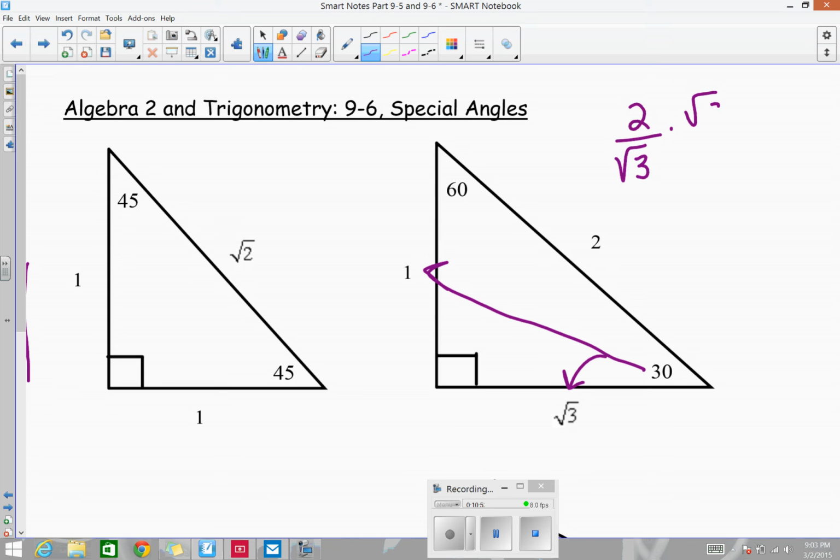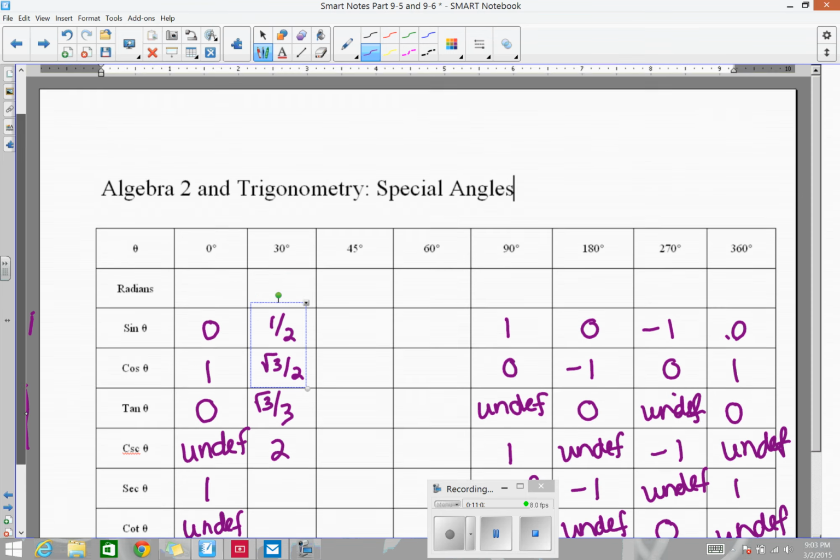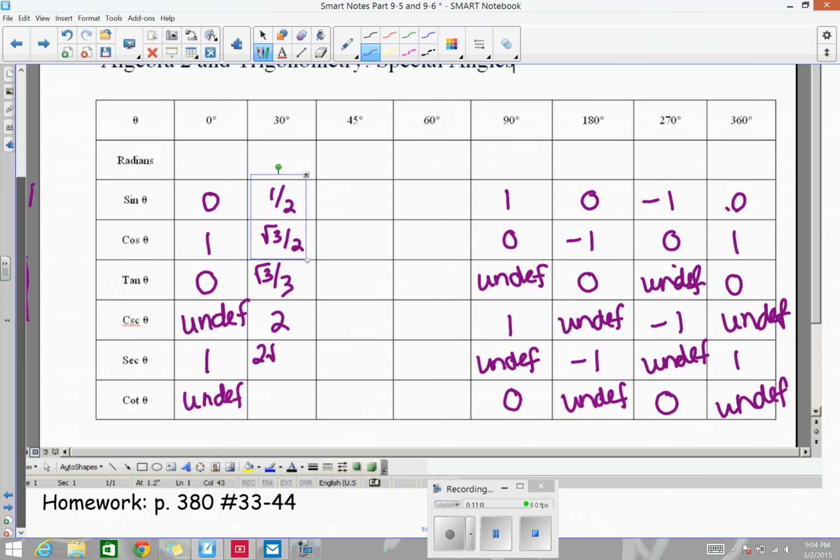We rationalize it. Square root of 3 times square root of 3, just 3. So 2 square root of 3 over 3. Go back to your tangent. Remember before we rationalized it, it was 1 over the square root of 3. So the reciprocal of that is just square root of 3.